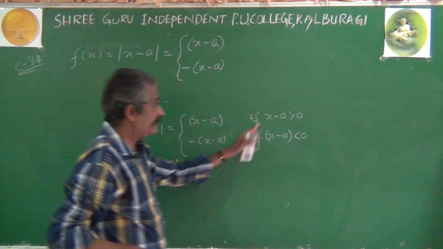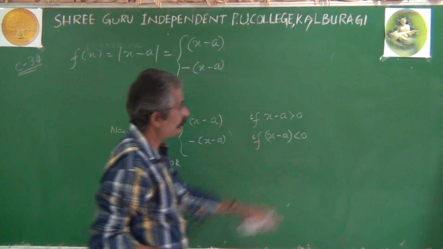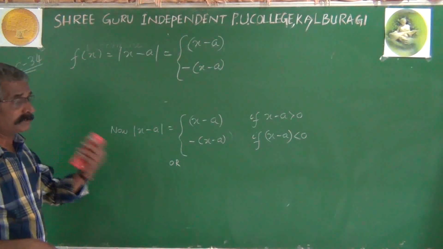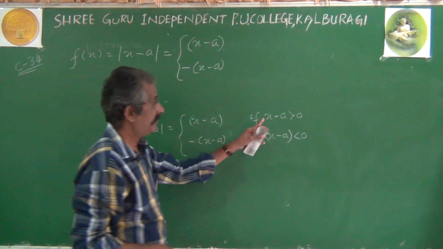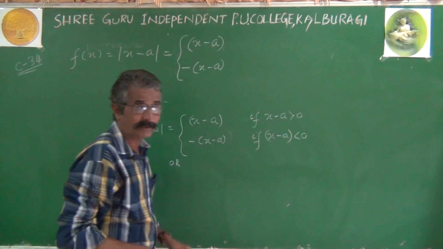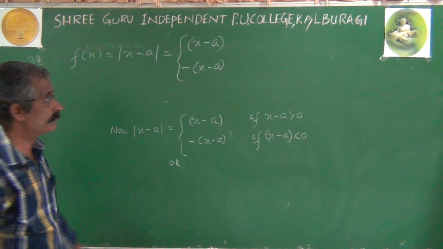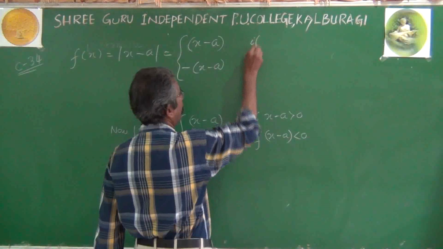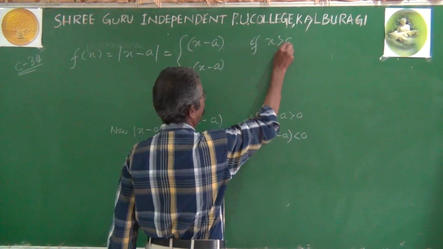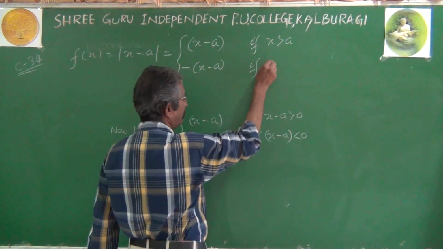Now x minus a greater than 0 means obviously x must be greater than a. Only when x is greater than a can we get x minus a as positive. So this is the first one, if x greater than a. The second one, if x less than a.